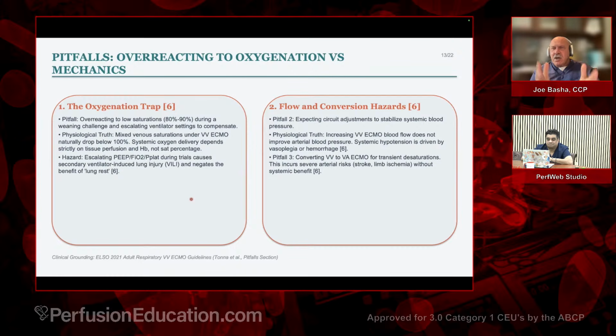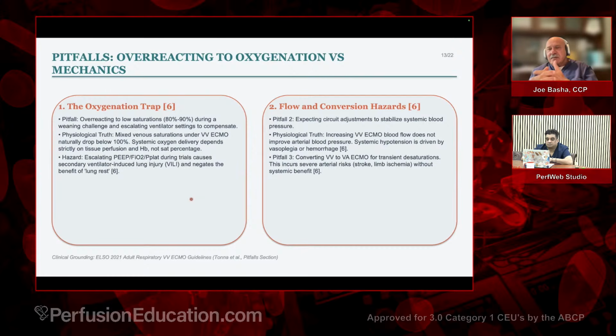You have to take the total oxygen content times the cardiac output to really determine whether or not you need to intervene here. Escalating the PEEP, FiO2, and plateau pressures during trials causes secondary ventilator-induced injury and negates the benefit of lung rest. So you just want to avoid that.